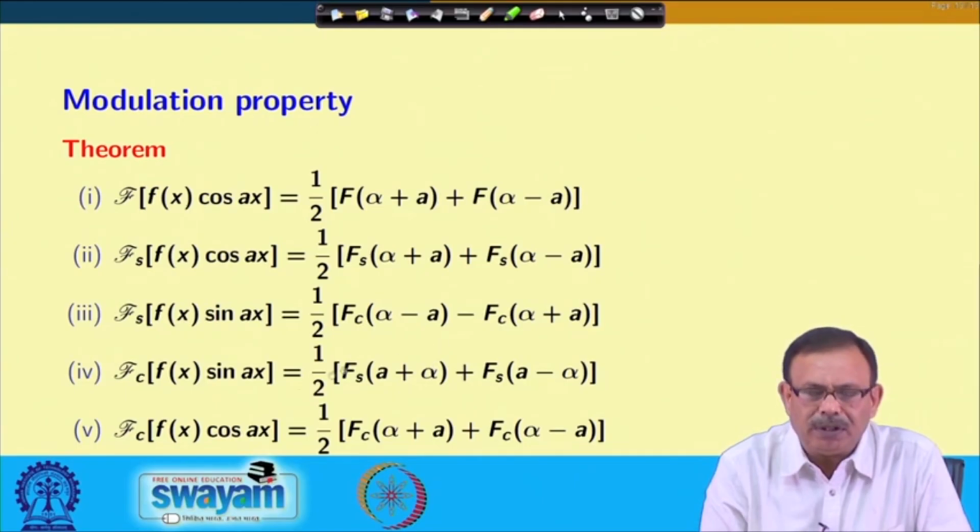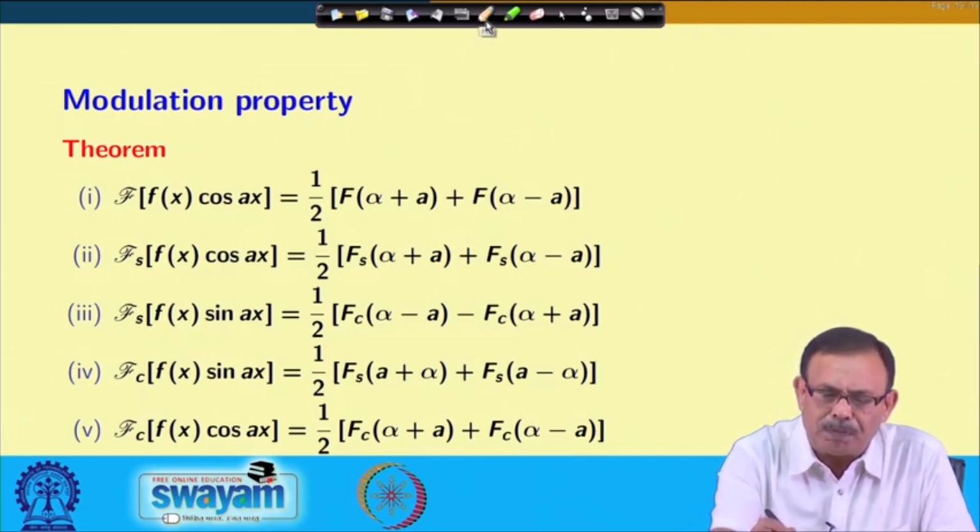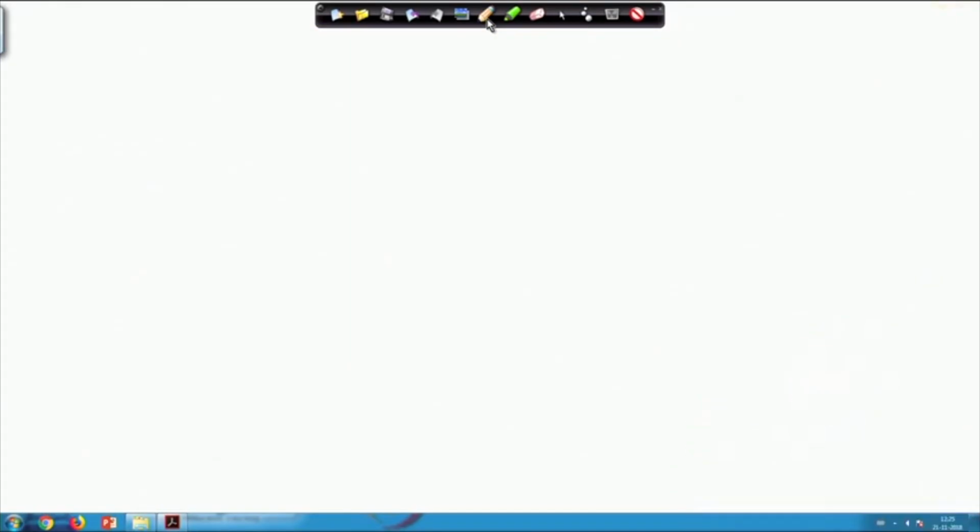And number 5 is Fourier cosine transform of f x cos a x equals half into Fourier cosine transform of alpha plus a plus Fourier cosine transform of alpha minus a. So, I will give you the proof of the first two.